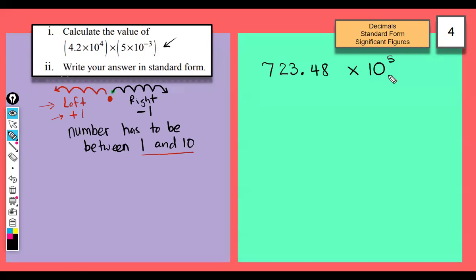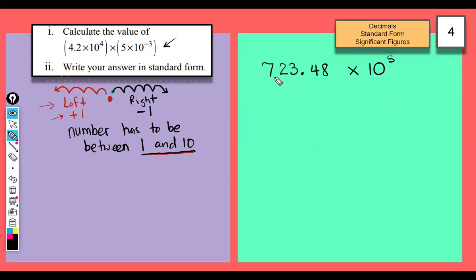The answer is no. It looks like it is, because you're seeing I multiply by 10 to the power something. But for it to be in standard form, doesn't the number have to be in between 1 and 10? Is 723 between 1 and 10? The answer is no. It's like somebody was trying to put this in standard form, but shut down midway and didn't bother to complete the question.